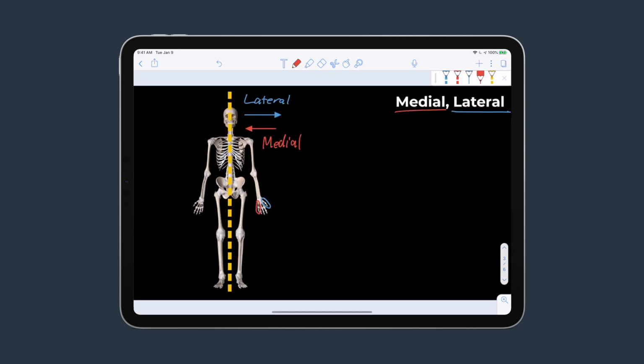So even though both of these structures are all the way on the arm, pretty much as far away as you could get away from the midline, we can still talk about these two things in relation to each other using the terms lateral and medial, because in anatomical position, the pinky is closer to the midline and the thumb is further away. So the thumb is lateral to the pinky.